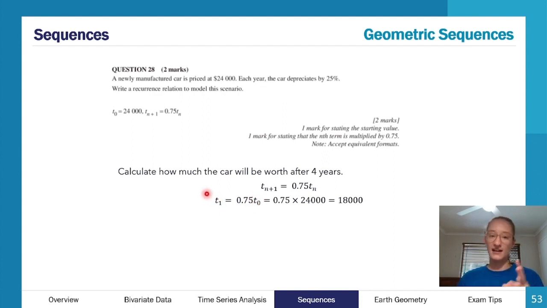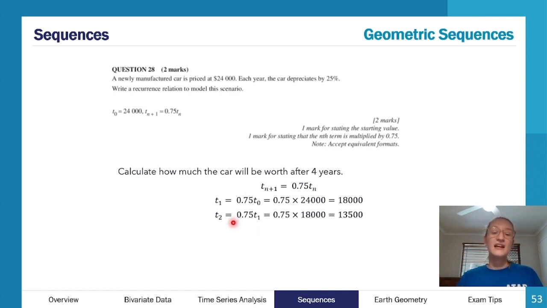What we're saying here, to break it down, is that after 1 year has passed, our car is worth 75% of what it used to be. So 75% times its original value gets us the next value of $18,000. Our car has dropped in value by $6,000 in a year. That's how much it's depreciated by.